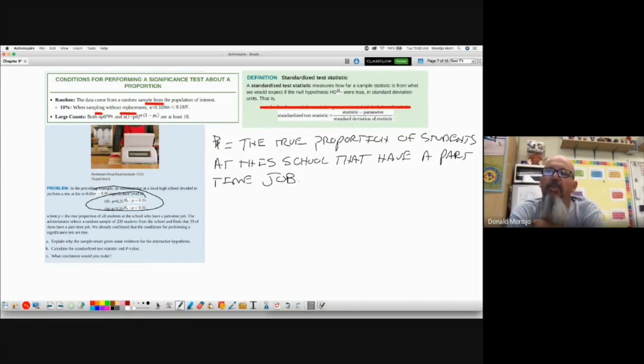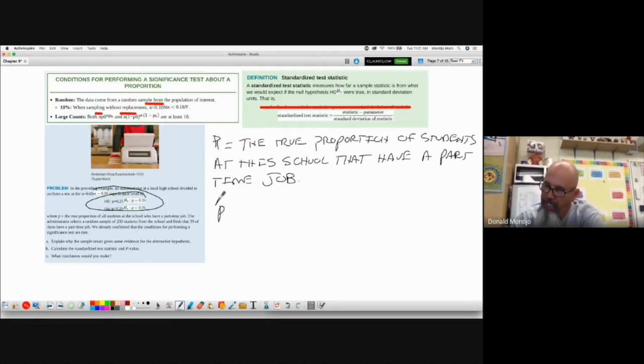Explain why the sample results give some evidence for the alternative hypothesis. Well, what were the sample results? The administrator randomly selected 200 students and found that 39 of them have a part-time job.